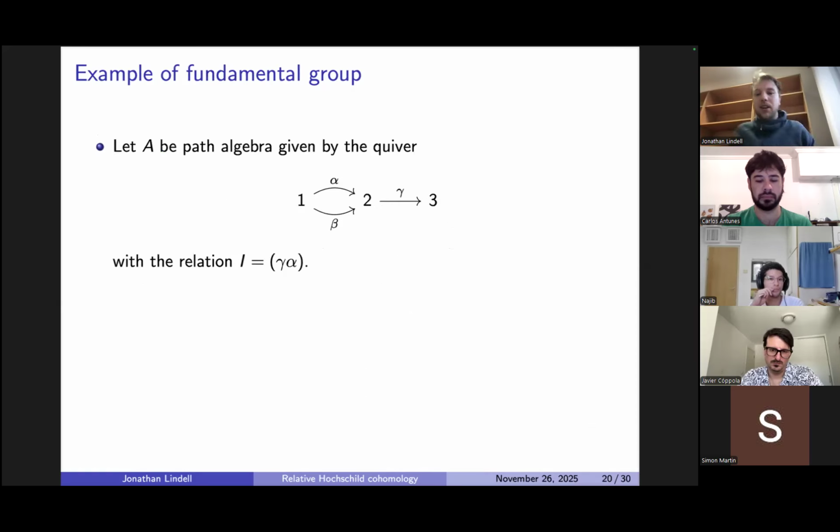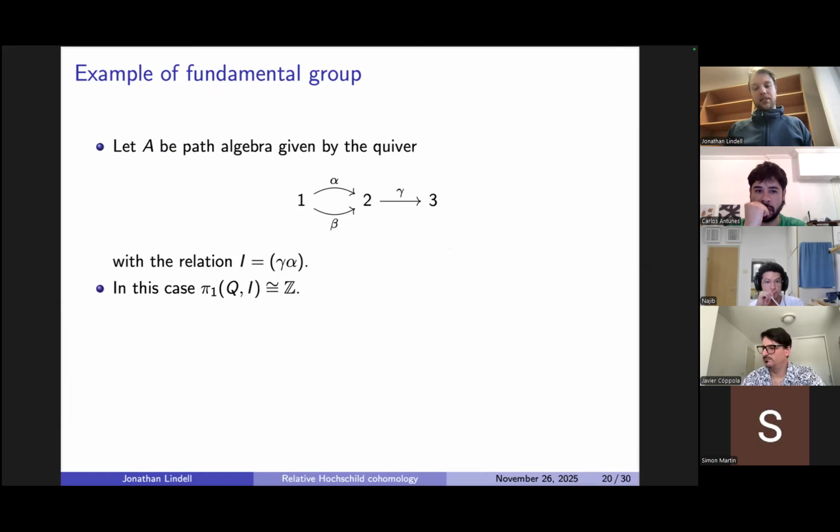So let's look now at an example of a path algebra. If we take A to be the path algebra with the Kronecker quiver between 1 and 2, then gamma from 2 to 3, and we have the relation that the path given by first going alpha and then going gamma is 0.